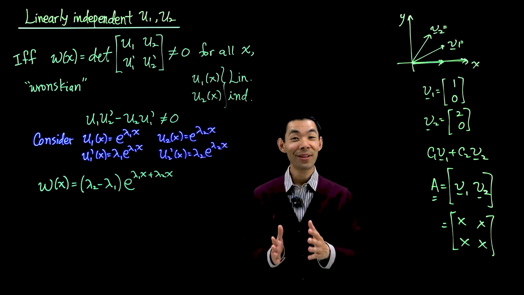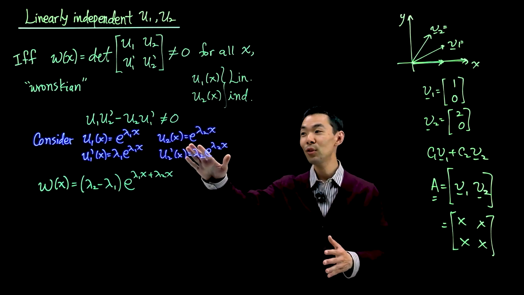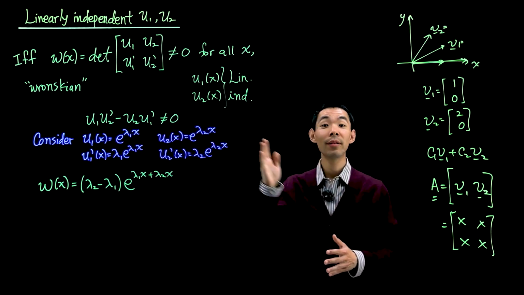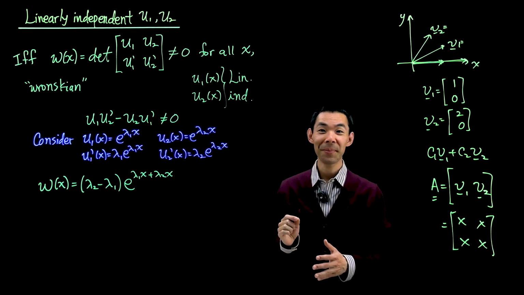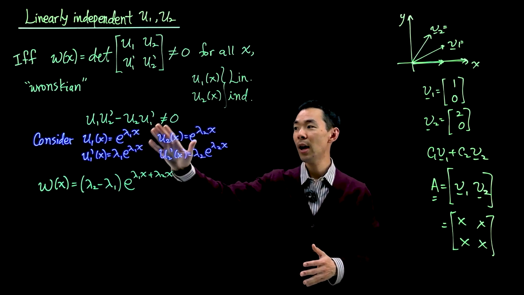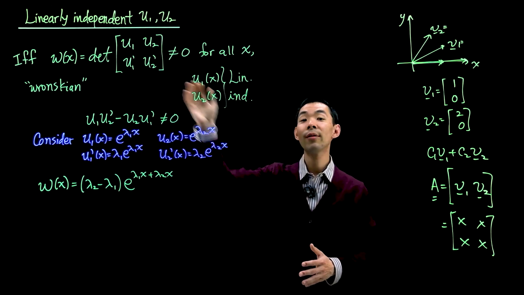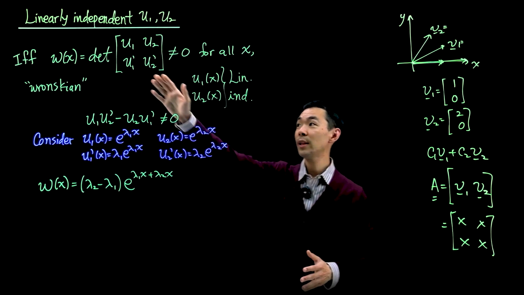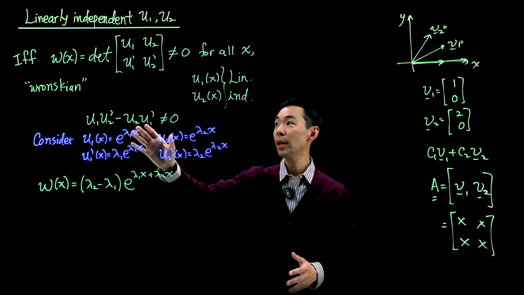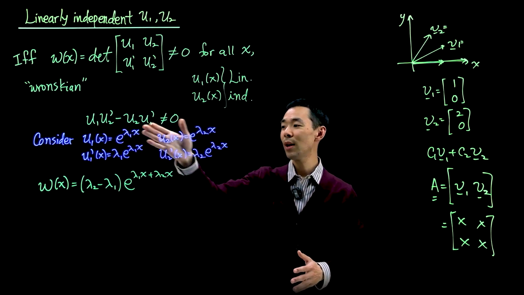For the particular case that we're considering, we want to check if our two solutions that we obtained, u1 and u2, up here, are linearly independent with respect to each other. So I've taken their derivative with respect to x. So now these are the four entries in blue that we need to fill out the determinant with. So our Wronskian is determined as a determinant. So we plug in those four terms into the Wronskian.